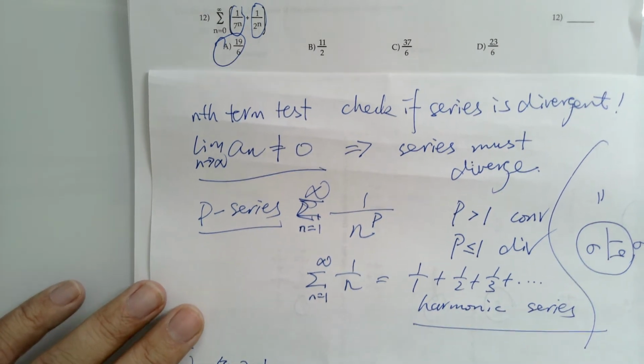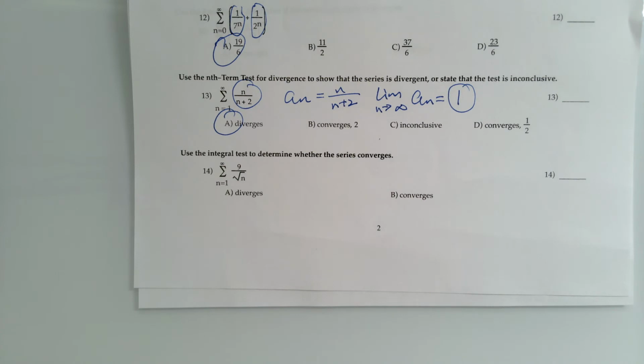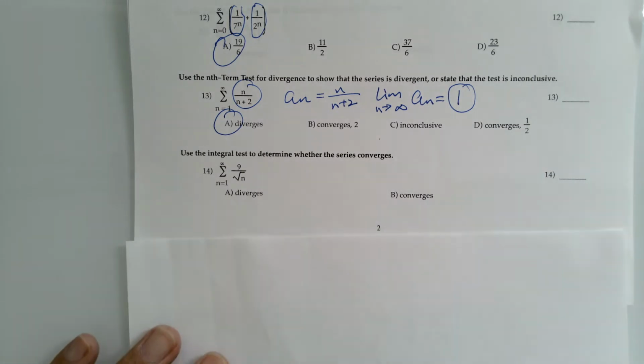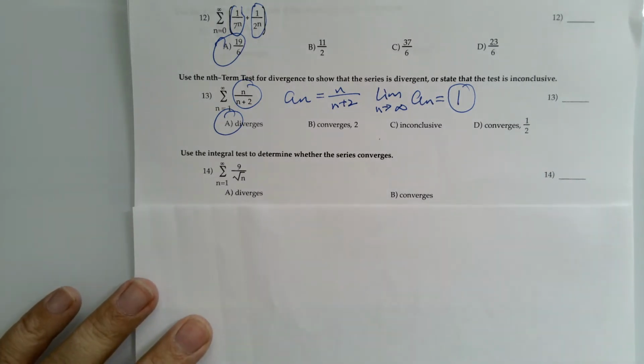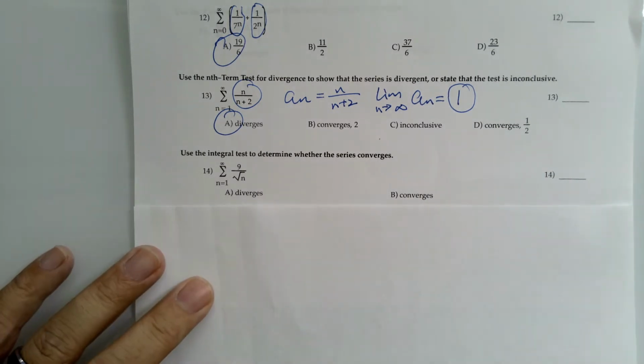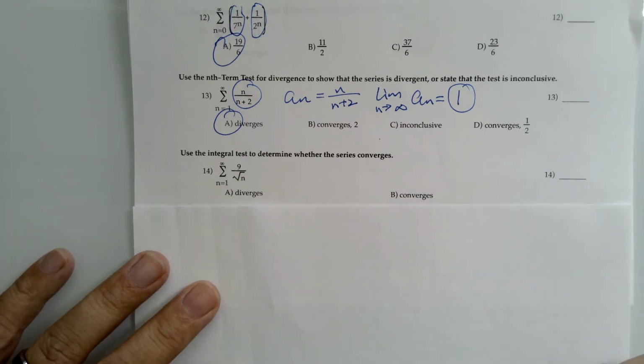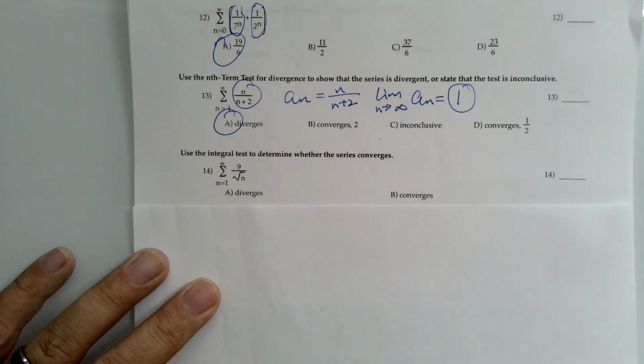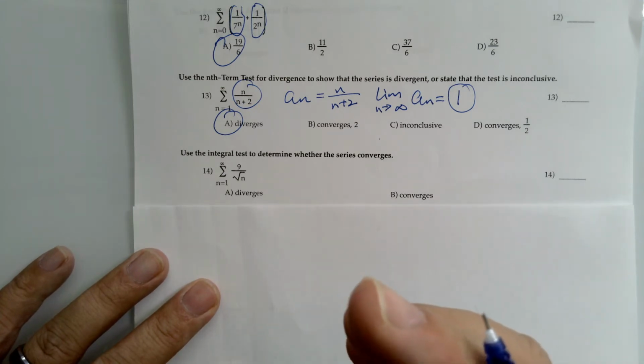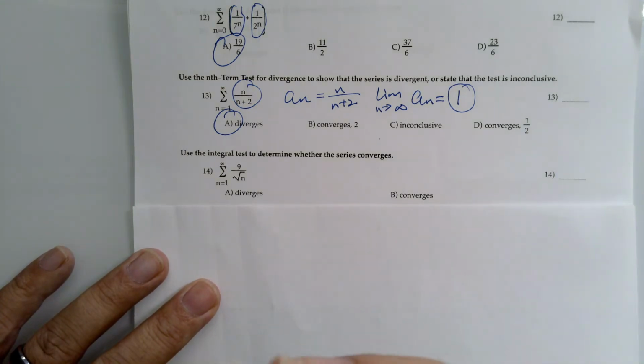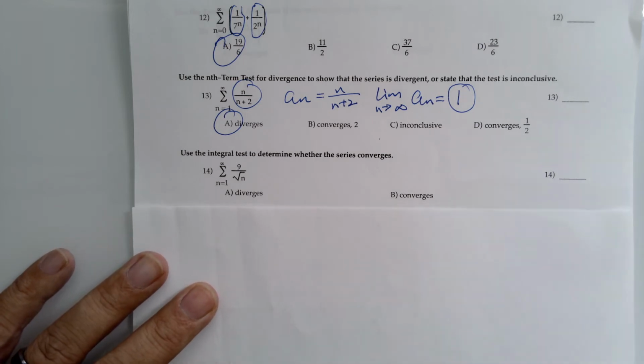So even though this problem says to use the integral test to determine whether the series converges or not, if you are in a test, it doesn't matter which criteria you use, as long as you get the correct answer.